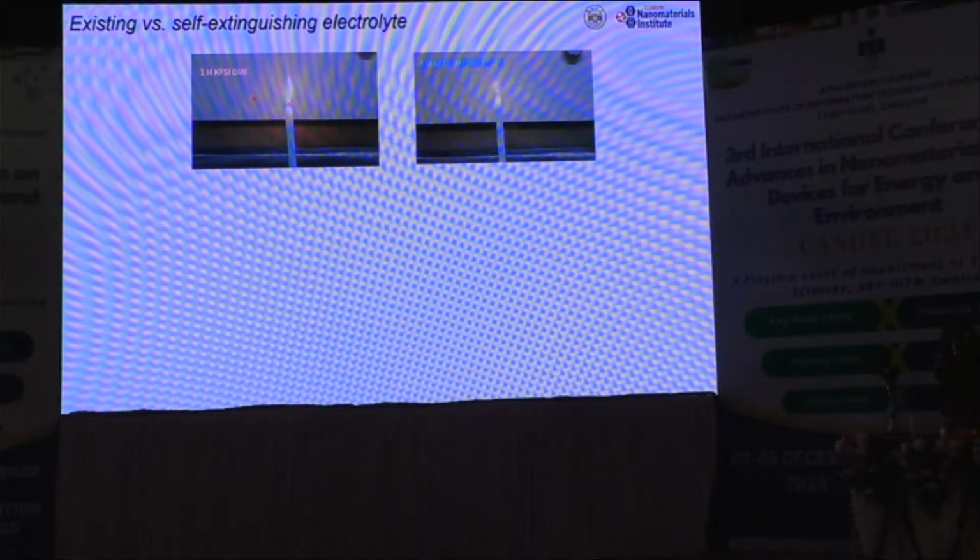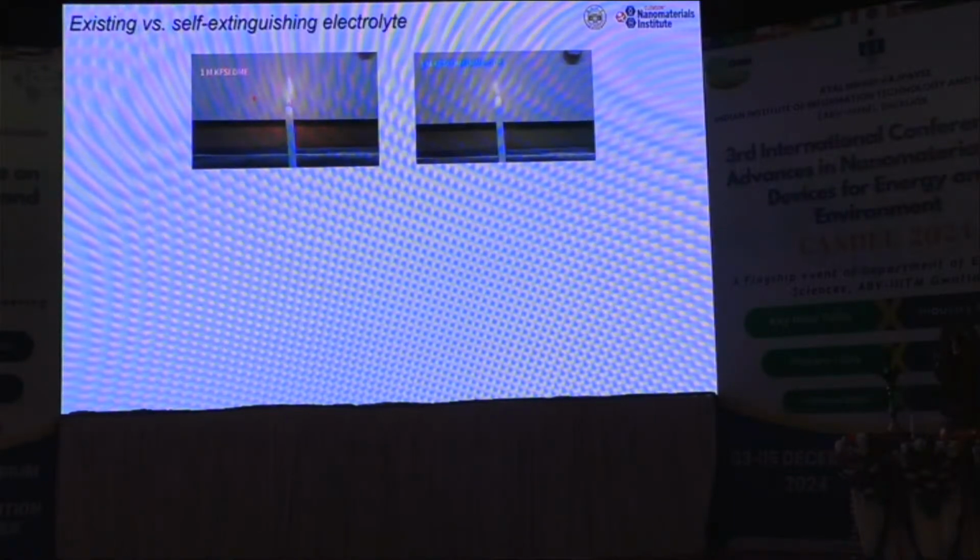Current electrolytes catch fire, and this is the newly engineered electrolyte, where they don't catch fire. I want to show these two short videos and I'll end my talk.